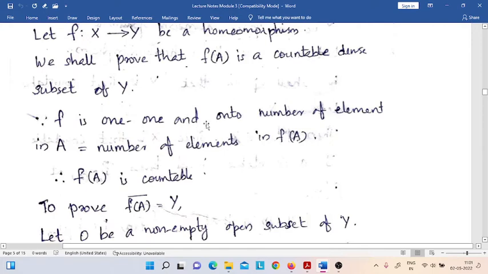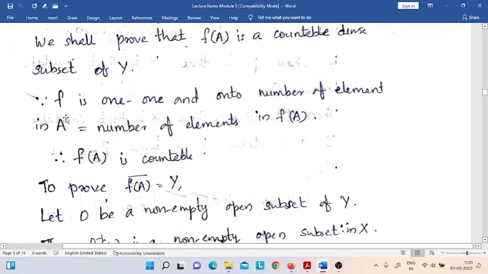Since f is one-to-one and onto, the number of elements in A must be equal to the number of elements in f(A). You can see this; it is very easy.